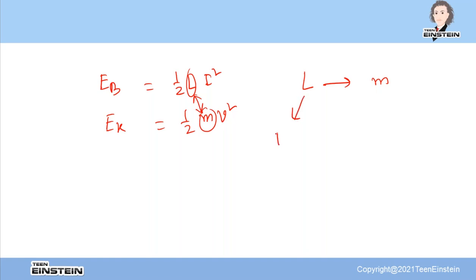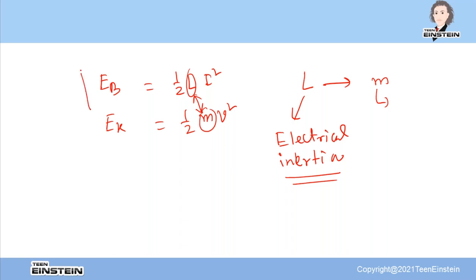That's why L is called electrical inertia in a circuit, and obviously I is equivalent to v. This is what we can learn from it.